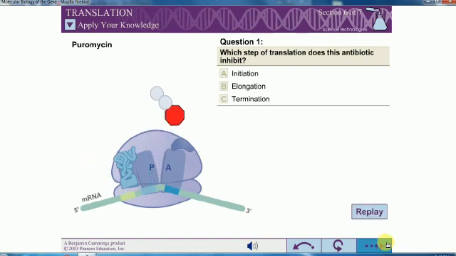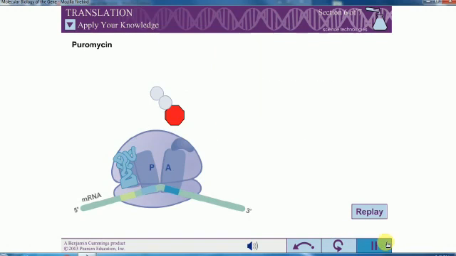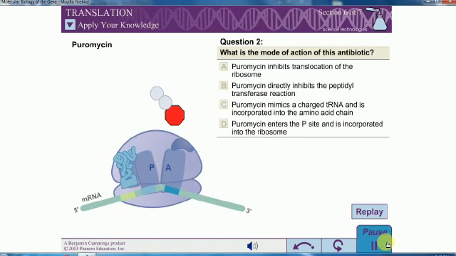What is the mode of action of this antibiotic? Question 3.